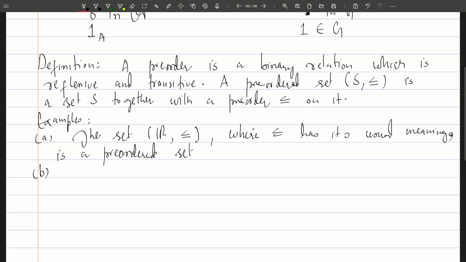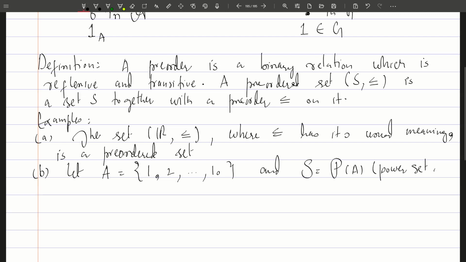Let us do one more example. Let us consider set A, which has the first 10 positive integers, 1, 2, up to 10. And let us consider S to be the power set of A, the set of all subsets of A.